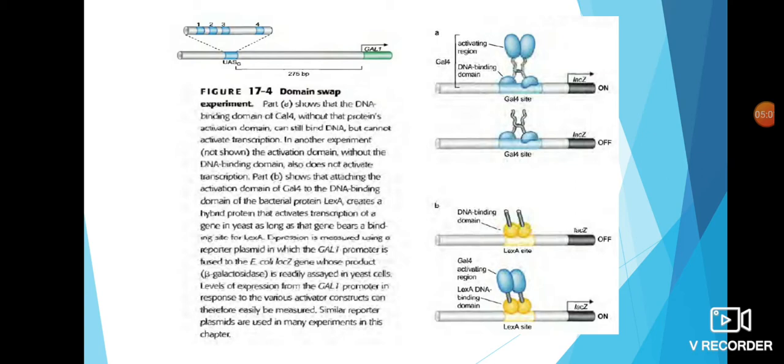Only when we give the LexA DNA binding site in the upstream sequence can we see LacZ gene transcription taking place. This is the fourth model I'm describing. In the fourth model, LacZ is the reporter gene, and again I repeat, LacZ is under the GAL1 promoter. This is the assay where we are swapping the domains. Somebody's activation domain and somebody else's DNA binding domain have been fused together.